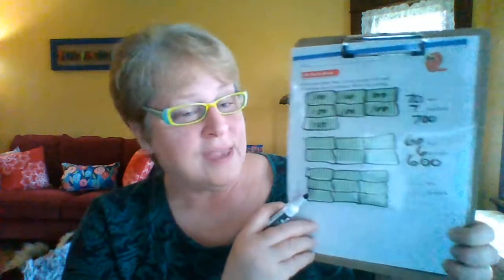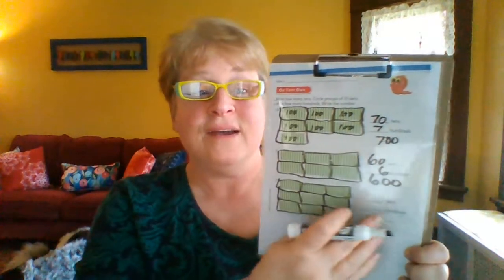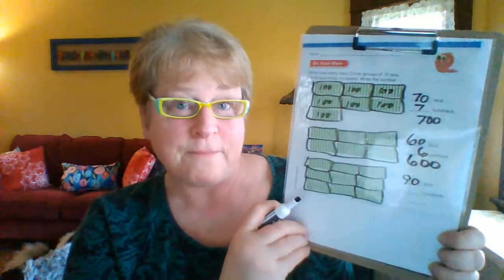Let's do this down here. I'm going to circle my groups of 100. Thank you, book, for putting them so neatly in order for me. Now, each of these is a group of 10 tens. We're going to count how many groups of 10 we have. 10, 20, 30, 40, 50, 60, 70, 80, 90 tens. Now, how many groups of 100?